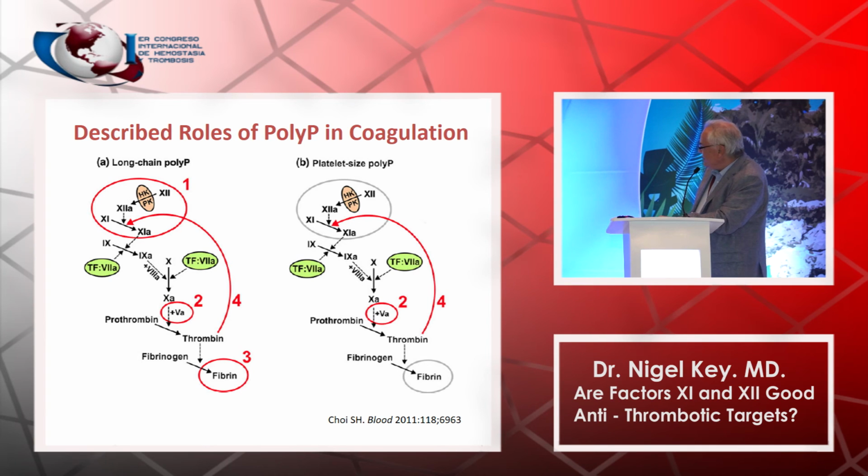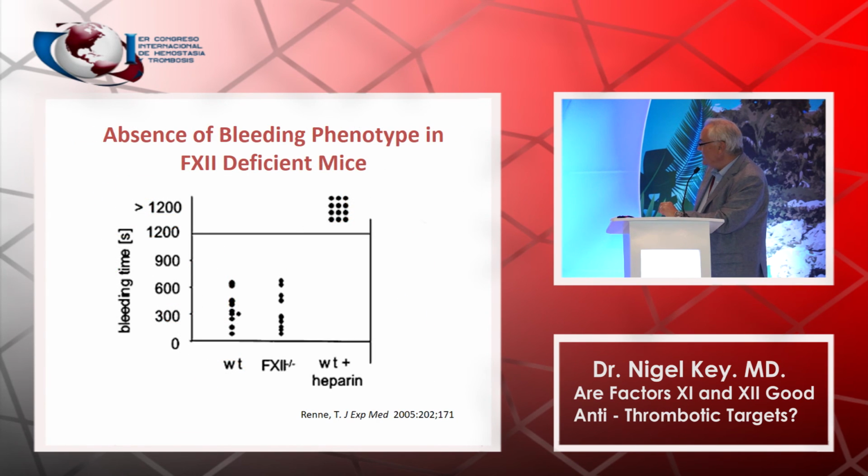Now, platelet polyphosphates are somewhat shorter, and in that size they have a somewhat more limited activity. One of which is to activate factor 11 or promote thrombin-mediated activation of factor 11, and the other being in the prothrombinase complex here. So this is the first thing, that there may be some differences between bacterial and human polyphosphates.